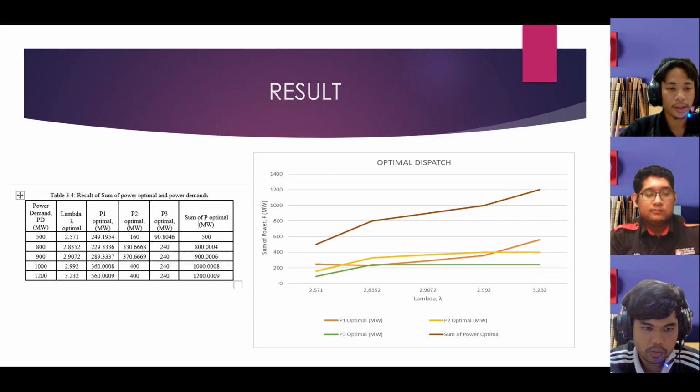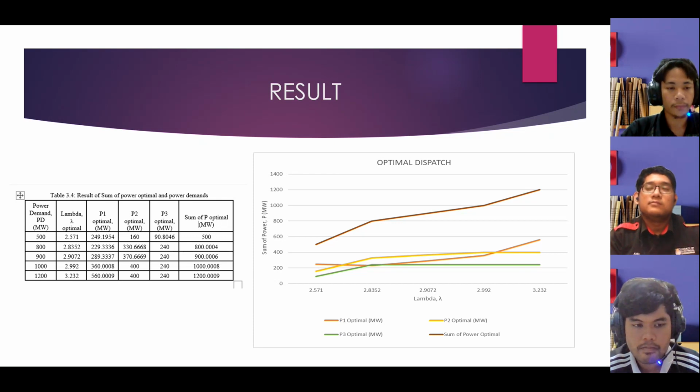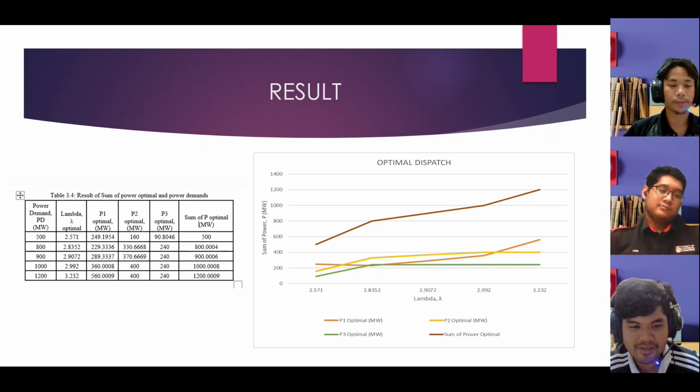And for the 1000 and 1200, the generating units P2 and P3 will activate at the full power too, because to support the 1000 megawatt power demand, P1 will activate at a certain level, which supports the 1000 and 1200 megawatt. And next slide.